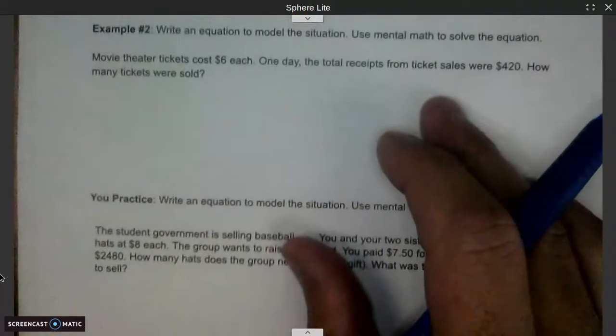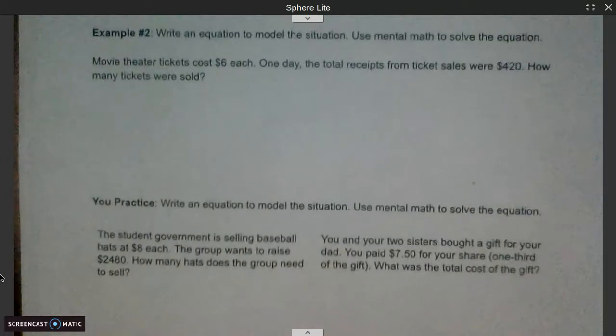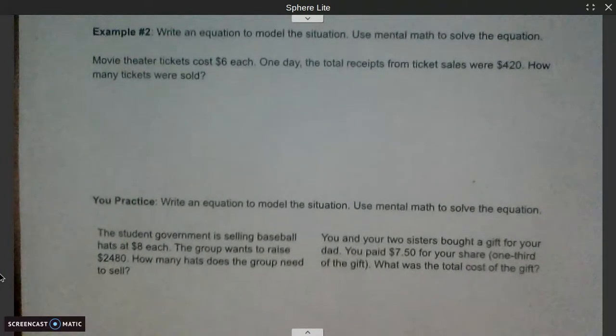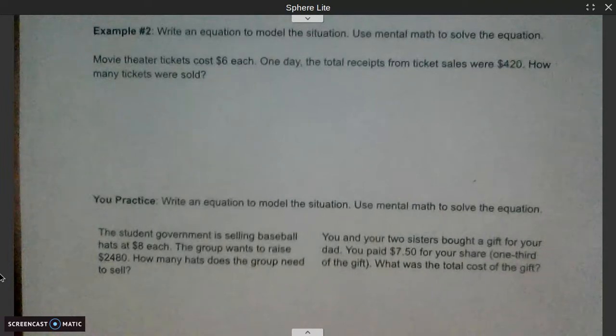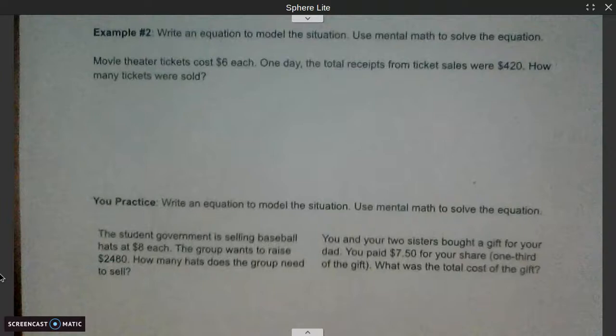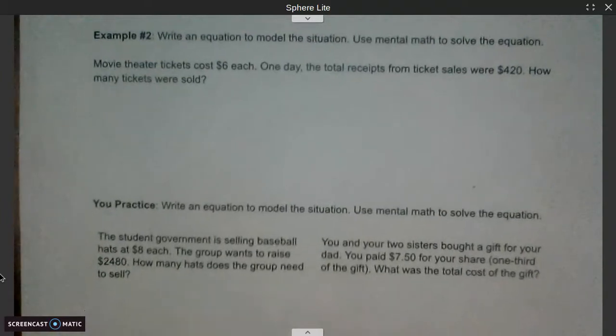Example number 2. Write an equation to model the situation. Use mental math to solve the equation. Movie tickets cost $6 each. One day, the total receipts from ticket sales were $420. How many tickets were sold? Well, first off, we have to understand what we are looking for.